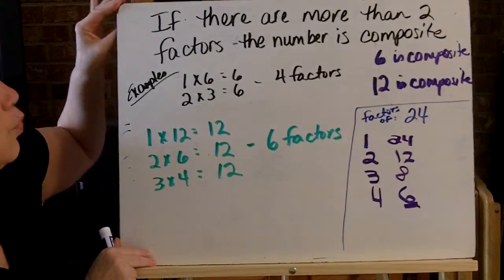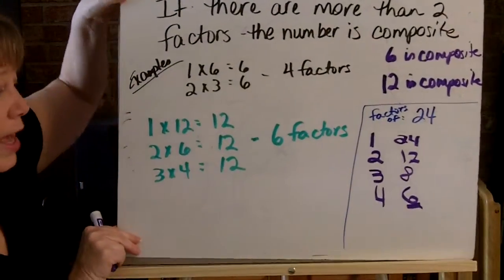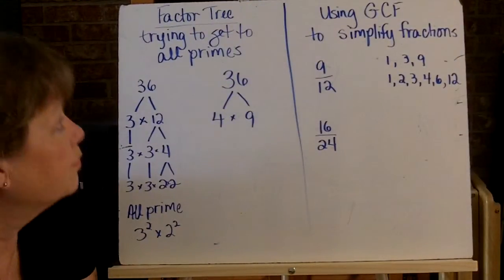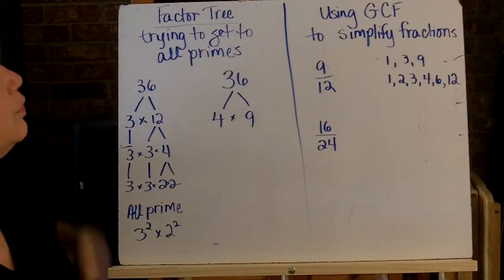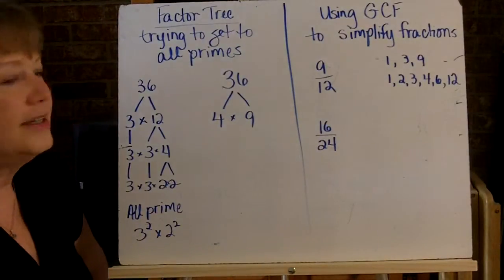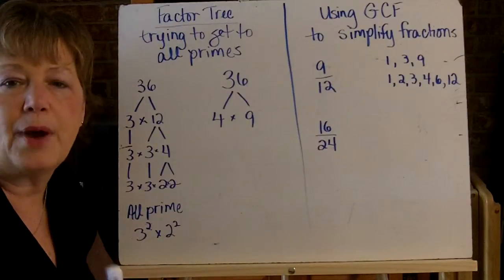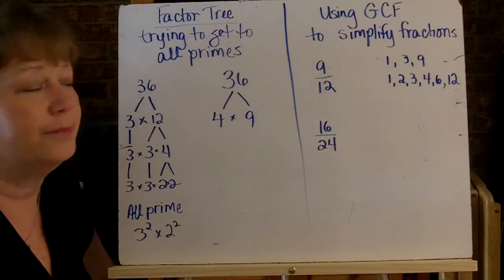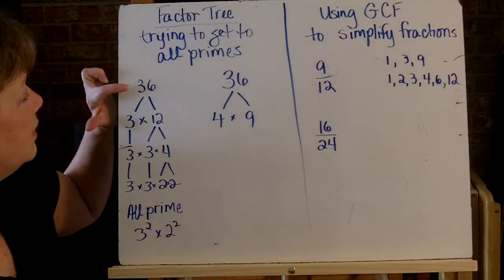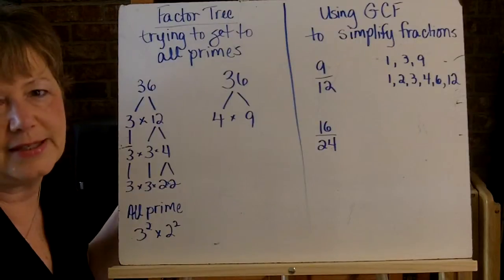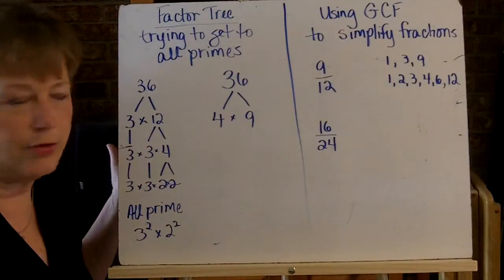So we use this in a couple of different ways. One way is in a factoring tree. So when we complete a factoring tree, we're trying to get down to the most basic prime numbers of what it takes to create that number. So if we start with 36 and choose any 2 numbers except for 1 and 36, we want to choose something other than 1.